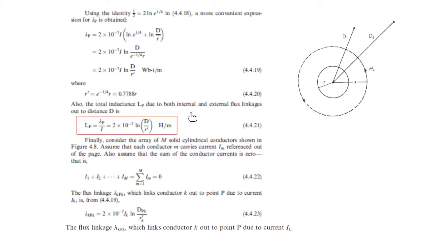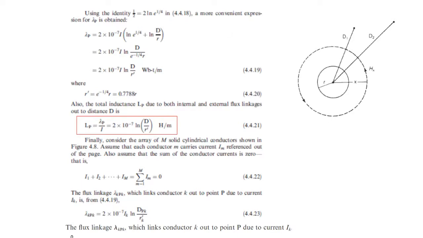Now, if we want to find the inductance, before we go to it, we use the identity: half equals 2 natural log e to the power of 0.25, which is 1 over 4.